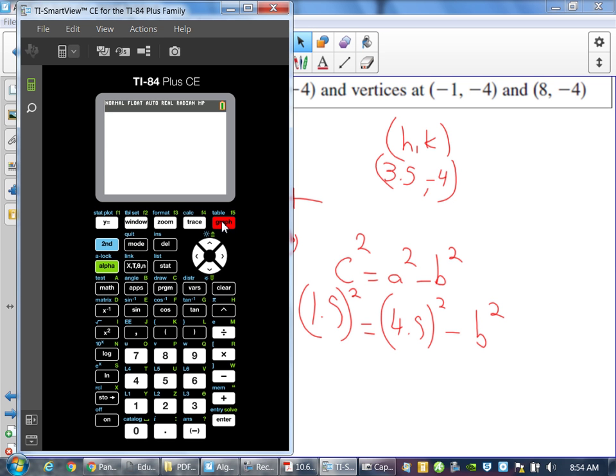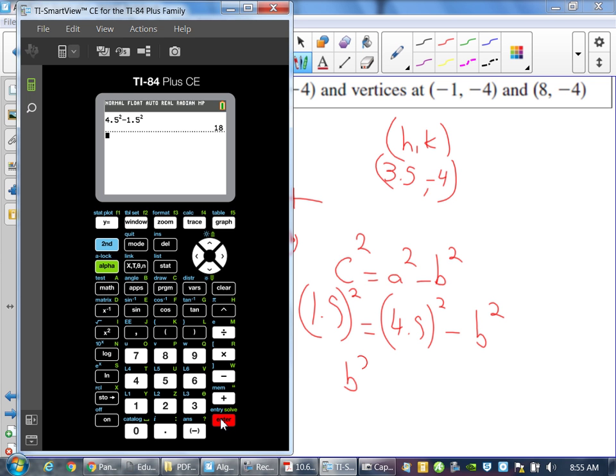Let's see, 4.5 squared minus 1.5 squared is 18. There's your b squared, 18. Still got to figure out what 4.5 squared was: 20 1/4.